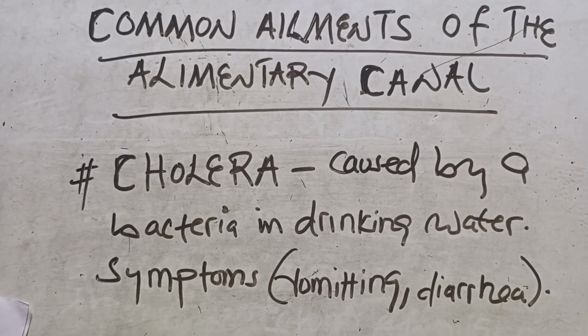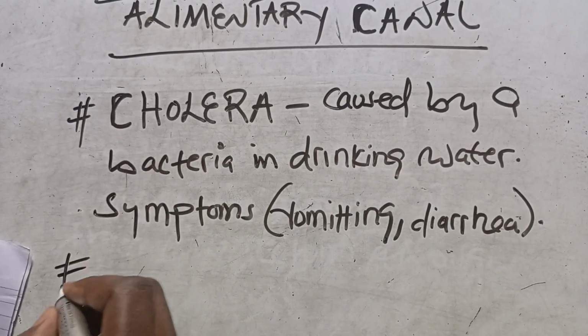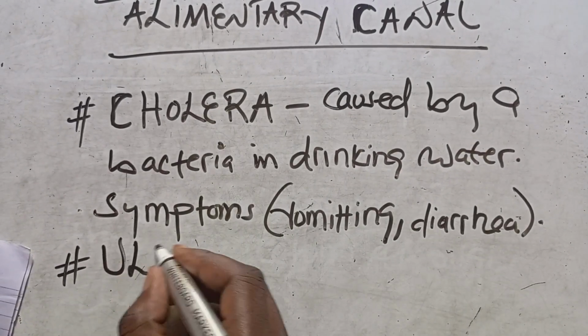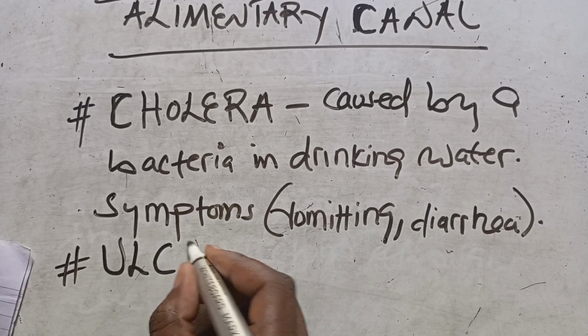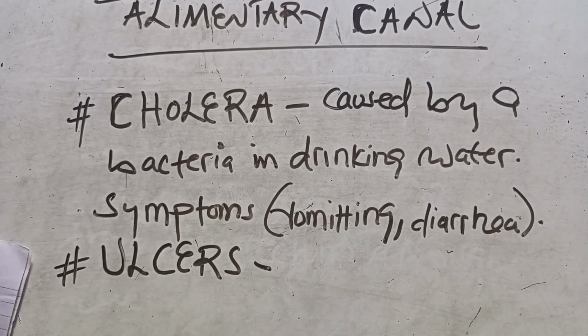Last but not the least, the ailment that we can talk about is ulcers. Ulcers are also another ailment of the alimentary canal. When we are talking about ulcers, these are wounds in the stomach.